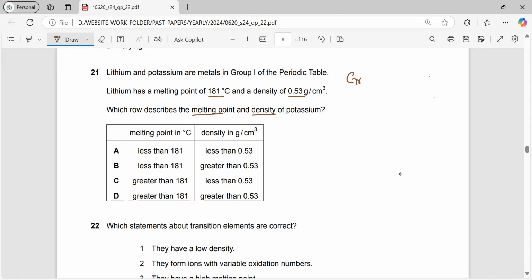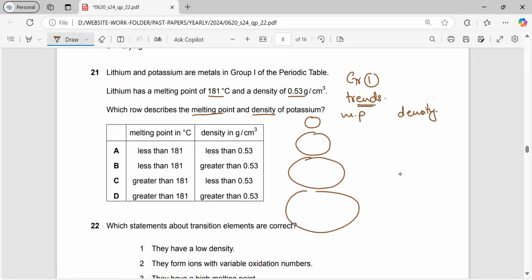Okay, so as we see in group 1, friends, in the physical properties, the melting point and density. If we see the density for the group 1 elements, their size increases because the number of shells increases, so the density will also increase as we go down the group, because density is the measure of heaviness of the object and how much volume they are occupying.